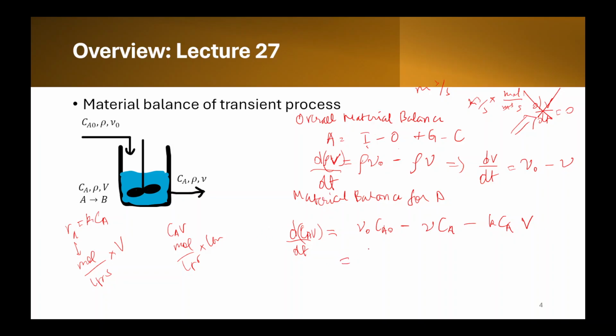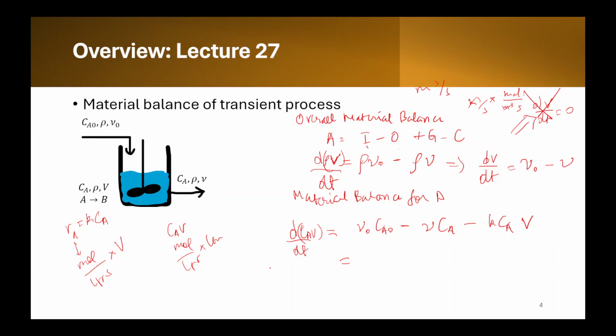But as you can see, in the previous equation we could take the rho out and get it cancelled, but we cannot do the same for V here. Why? Because from this equation we saw that V is changing with respect to time, so it is not constant.